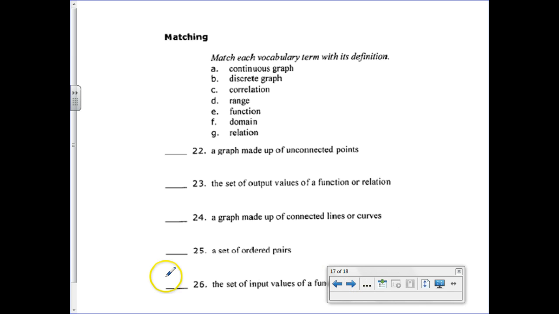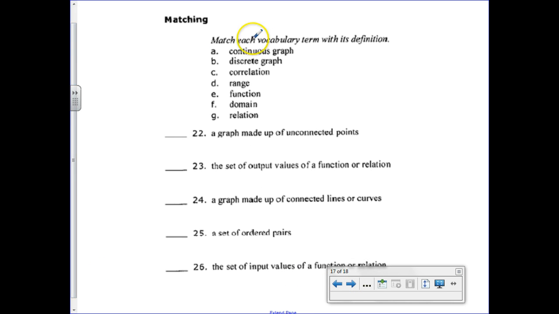The last part here is some vocabulary matching, and we get back to some of the terminology from the beginning of Chapter 4. A graph made up of unconnected points. Well, if it says it's a graph, that leads me to say it's going to be continuous or discrete.